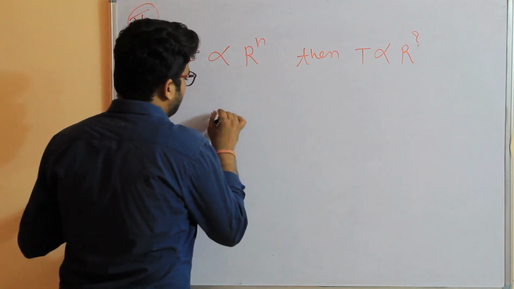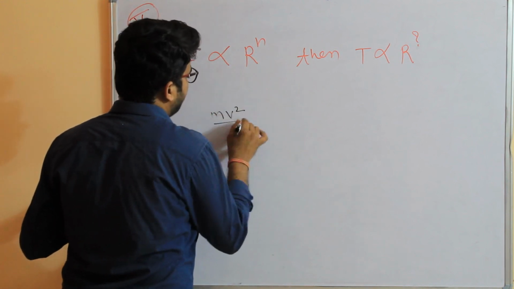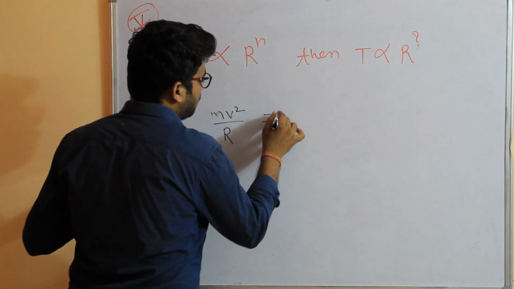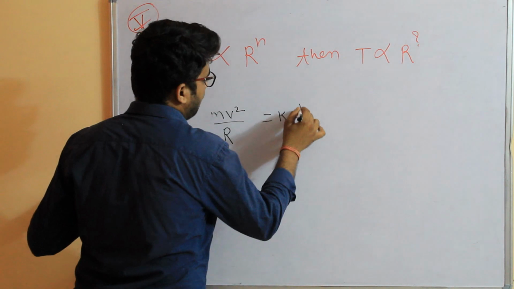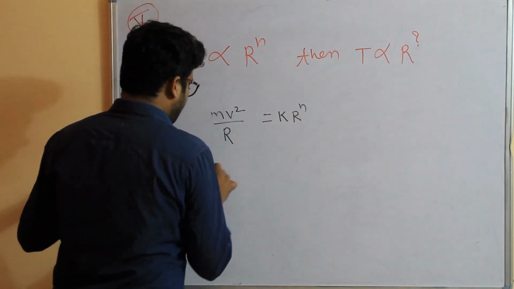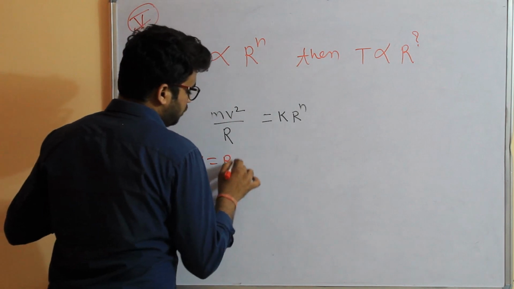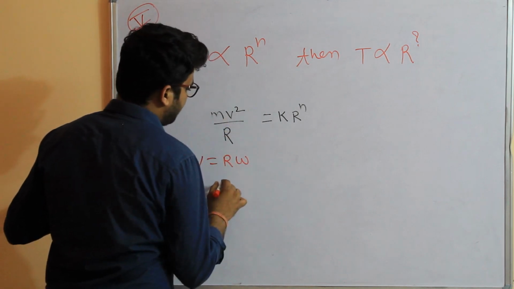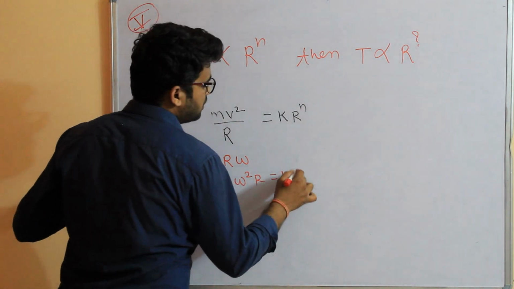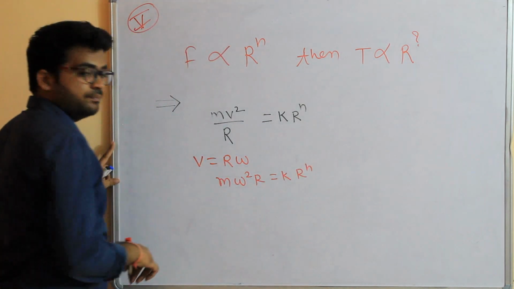So that is equal to m v square by r, which is equal to some constant k into r to the power n. Now v is equal to r into omega. If you put that over here, you will get m omega square r is equal to some constant k into r to the power n.